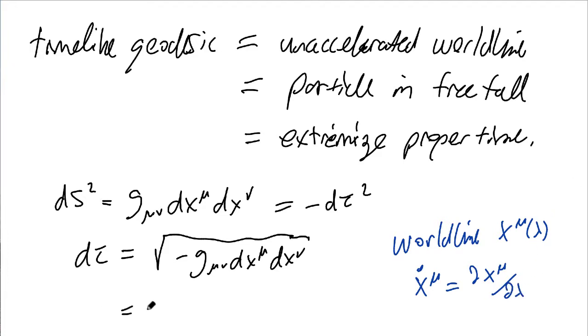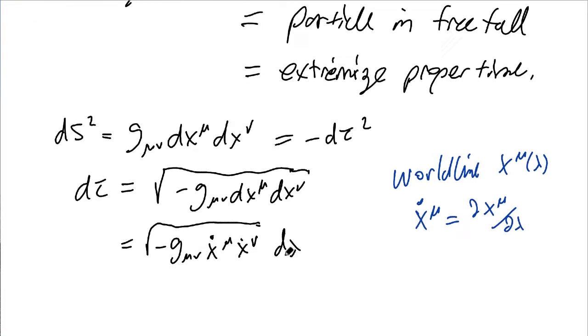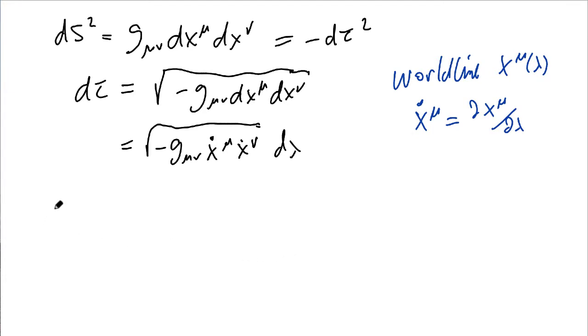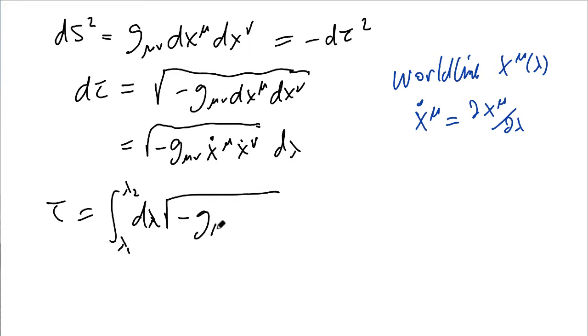And now d tau is the square root of minus g mu nu x dot mu x dot nu d lambda. We can integrate this to find the proper time between two events, say the event at lambda 1 and the final event at lambda 2. Integral d lambda of the square root of minus g mu nu x dot mu x dot nu.